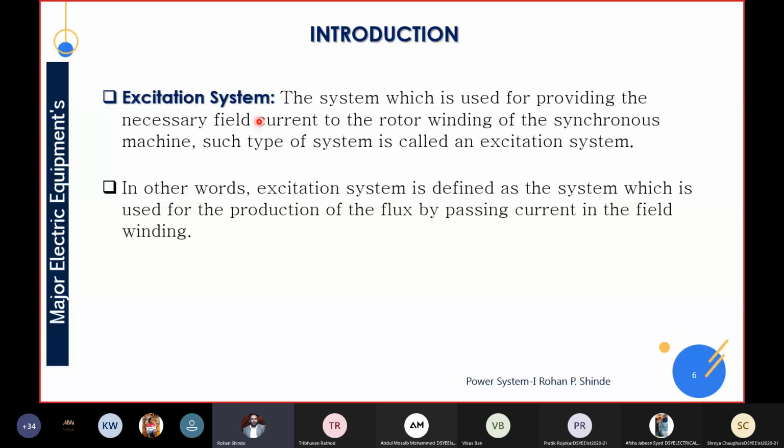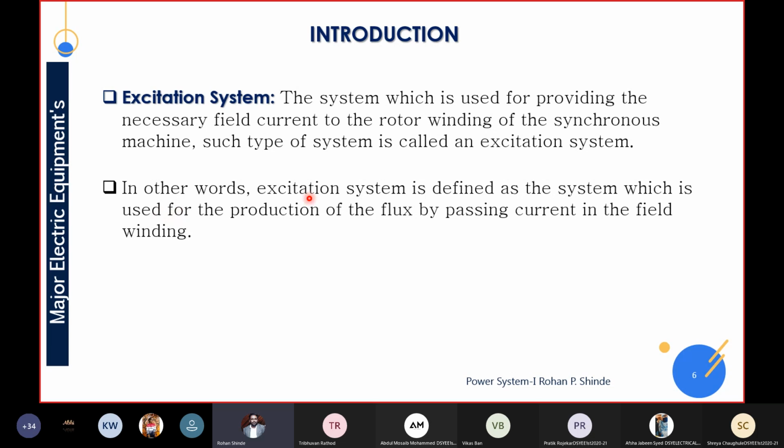Now see here, I have told you that field winding is placed in the rotor. When the current is flowing through the field winding, it produces the flux, that is nothing but the rotor flux. So in other words, the production of flux by passing the current in the field winding is nothing but an excitation system.